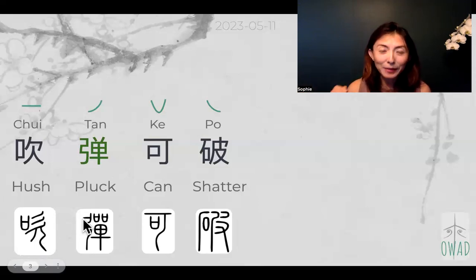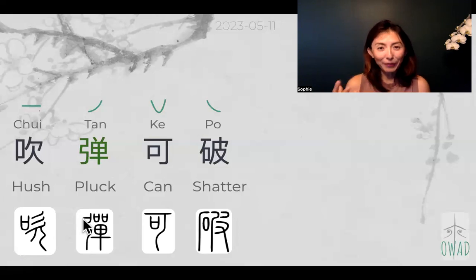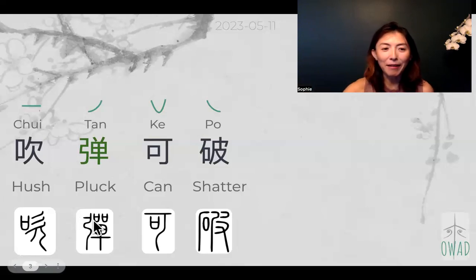Now, with this human figure, there are three strokes on top. That describes the hushing, the puffing, the exhaling of us when we are yawning. We only use three strokes to mean there is recurring air going out in a certain wave pattern.